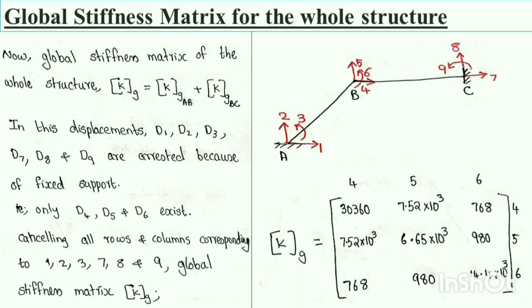Okay, that is, this matrix is obtained by first adding matrices KGAB and KGBC according to the row or column number, then cancelling the rows and columns numbered 1, 2, 3, 7, 8 and 9, because the displacements corresponding to these numbers are 0.